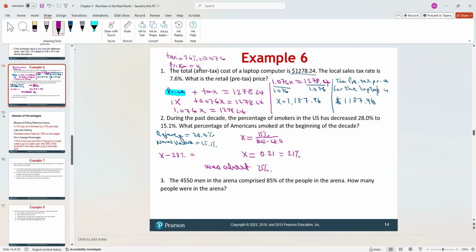How many people were in the arena? That's very simple. You just divide by 85%. If you do 4,550 over 0.85, you should find the number of people in the arena. That's an example, very simple, as I said.